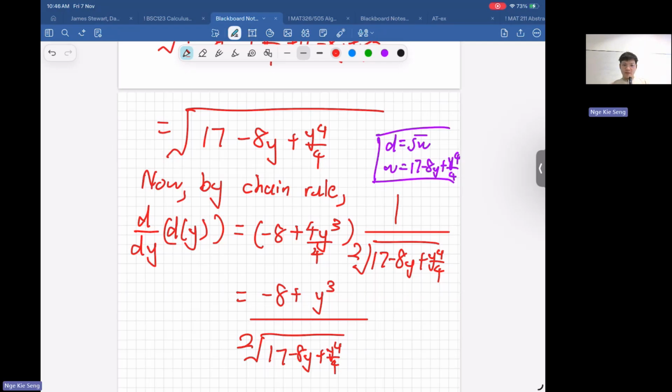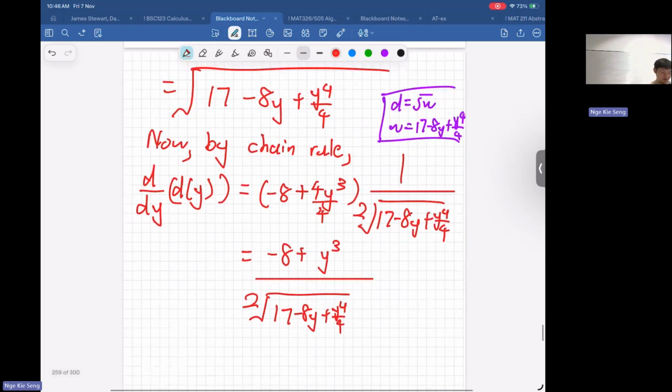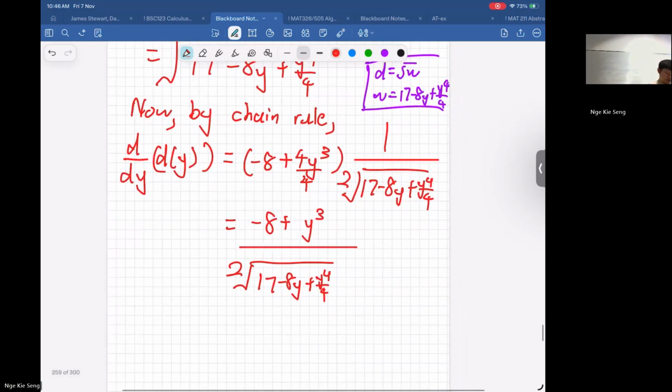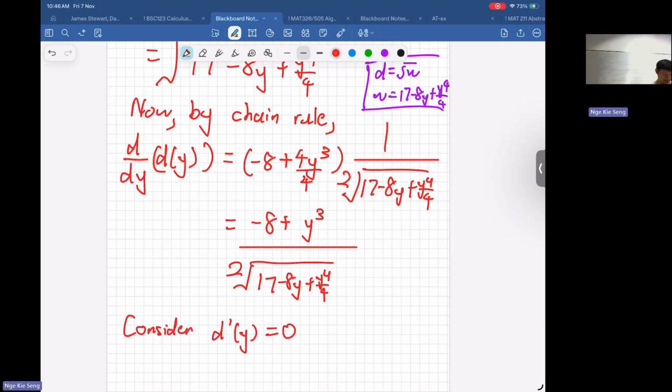All right. So we want to find the maximum and minimum. So we need to let this thing equal to 0. So consider the derivative of d equal to 0. This thing has to be 0.